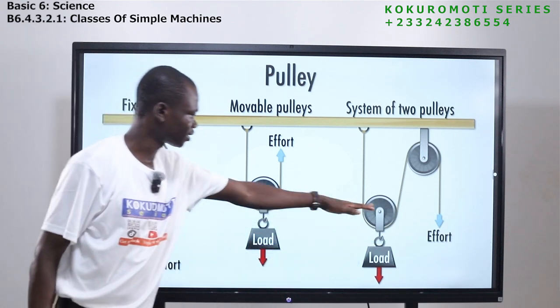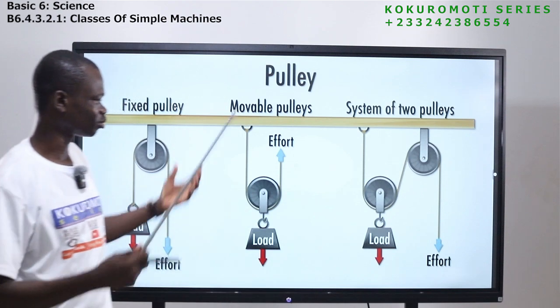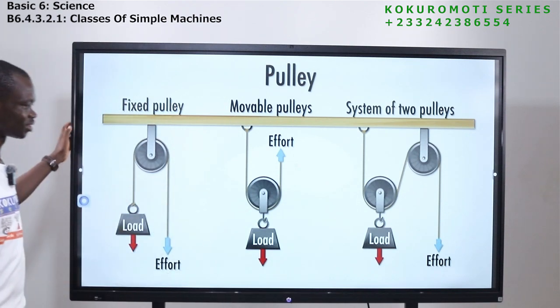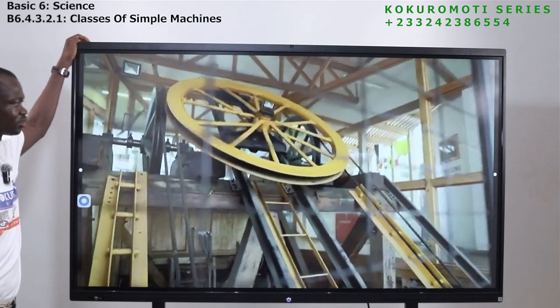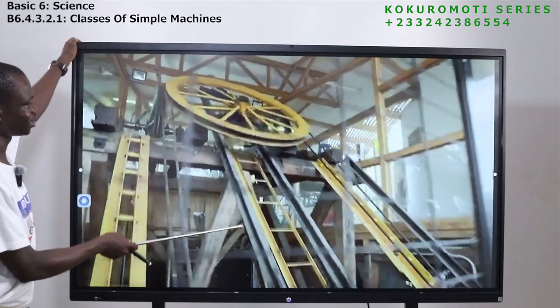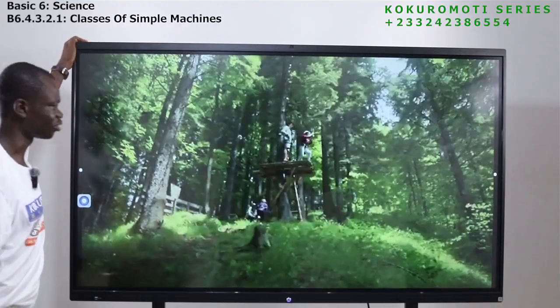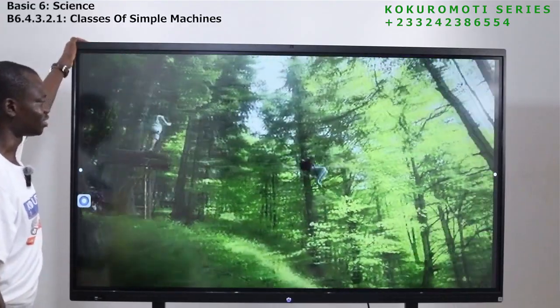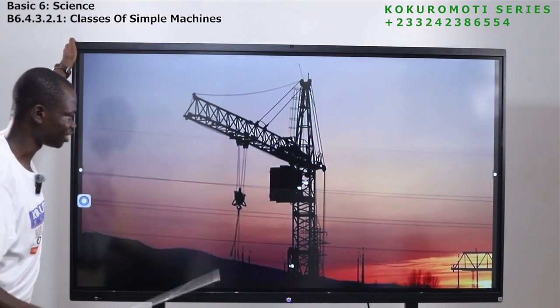So here you apply effort. With this one, we need small effort to lift heavy load. But this one, because it is fixed and it's only one wheel, you struggle. So these are our examples of pulley. Okay. One day you find yourself in an industry, you get to know these machines and you understand that pulley is very important.